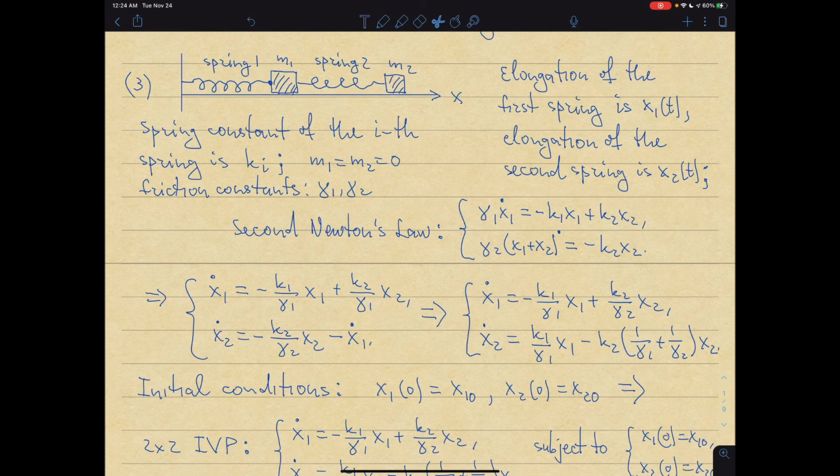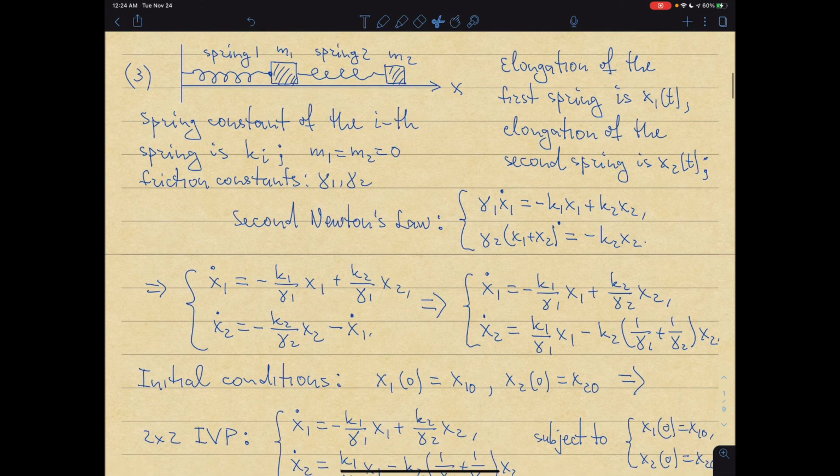Now I'm going to assume that these springs and masses have the following configuration that I have shown in this picture. So I have spring 1 attached to a wall, then there is a mass attached to that spring, a second spring attached to the first mass, and then another mass is attached to the other end of spring 2.